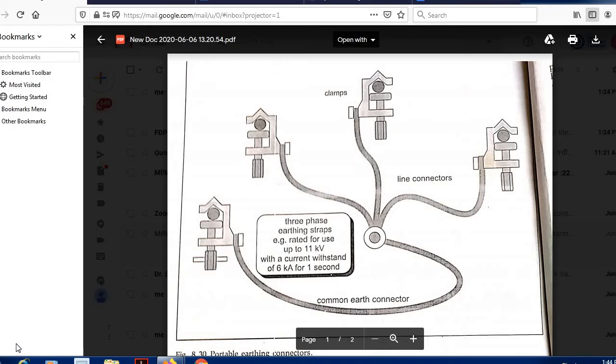So this is what is to be declared in your second section. The second section says that electrical isolation and earthing has been applied, and whether danger or caution notices have been displayed or not. This declaration you have to give.